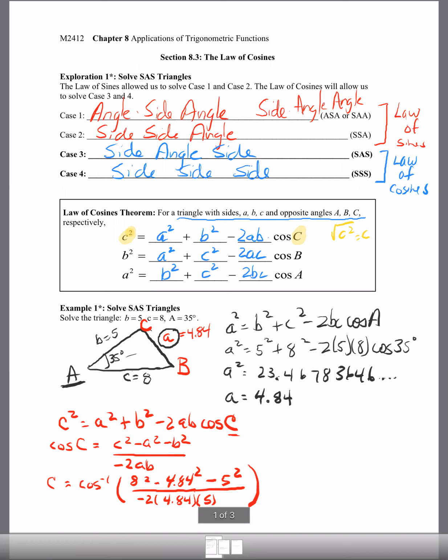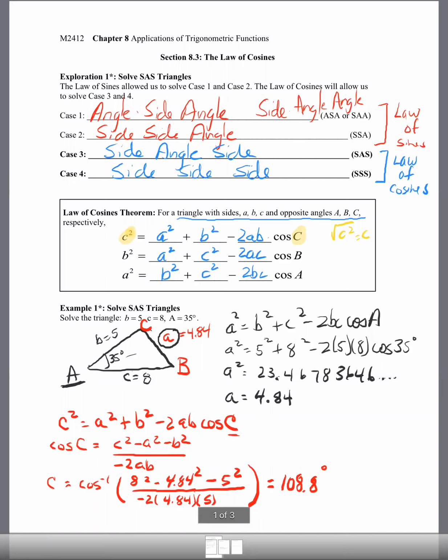Okay. And here I ended up with an angle measure of 108.77. We're going to go to the nearest decimal place, 1 decimal place, and so we're going to go to 108.8 degrees.